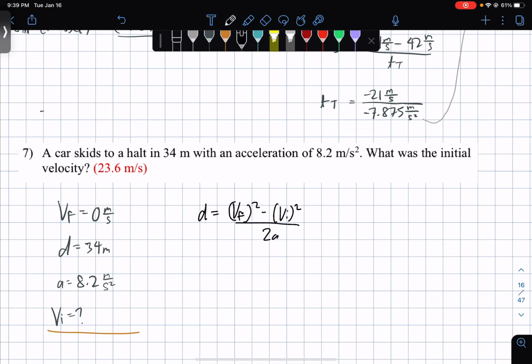Multiply both sides by 16.4. 34 times 16.4 is equal to 557.6 meters squared over second squared. No, that's not possible.